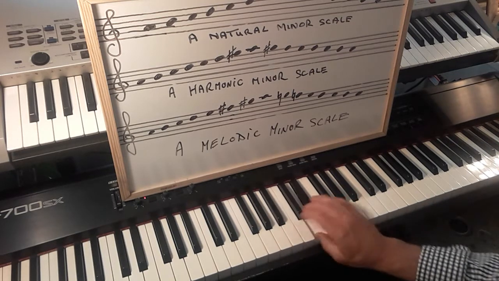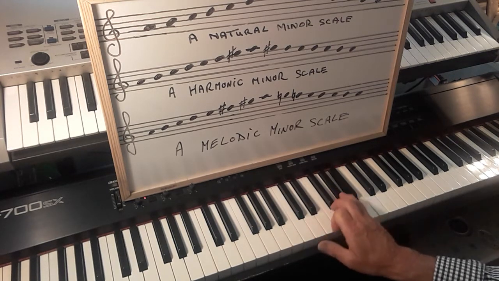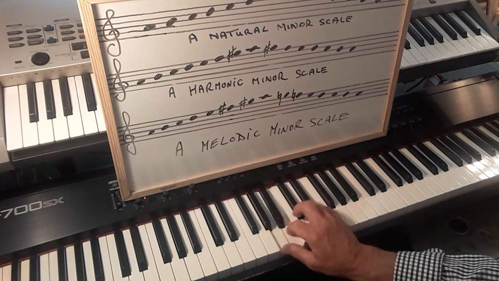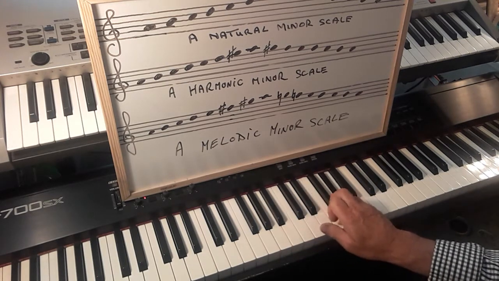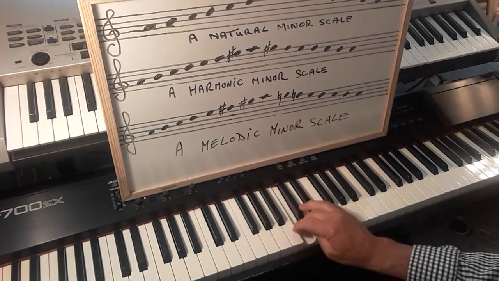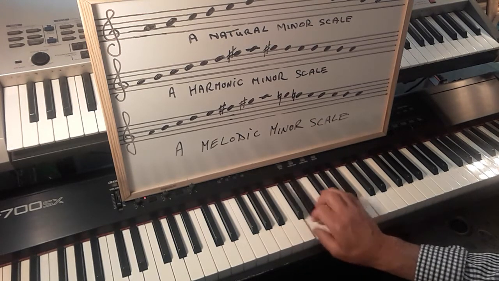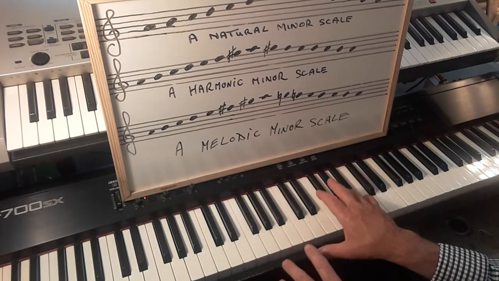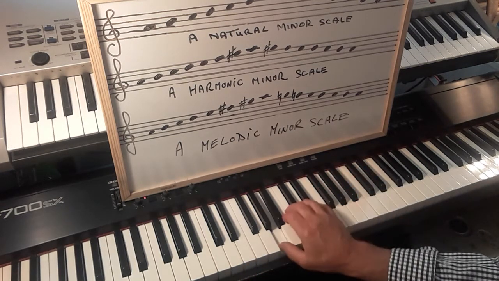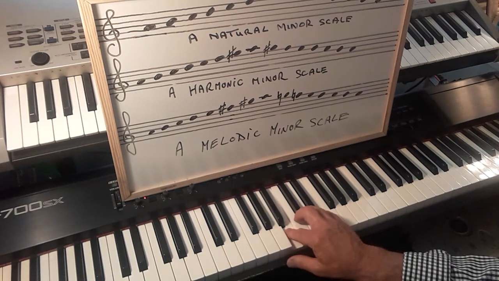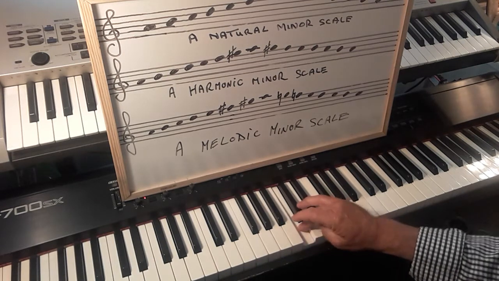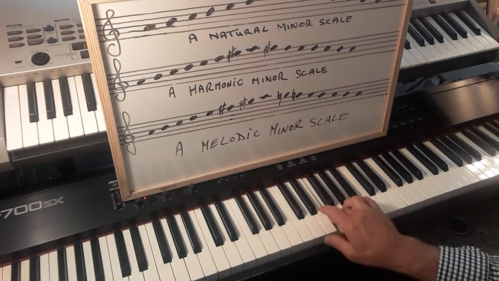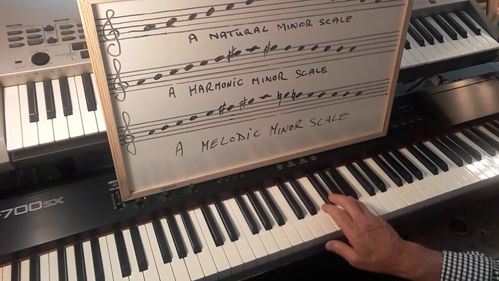There, G sharp. And I might add that the fingering is exactly the same as playing the C major scale: 5, 4, 3, tuck under for your thumb, 5, 4, 3, 2, 1.